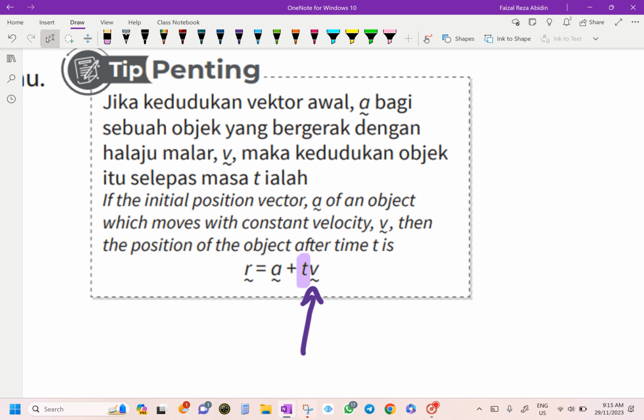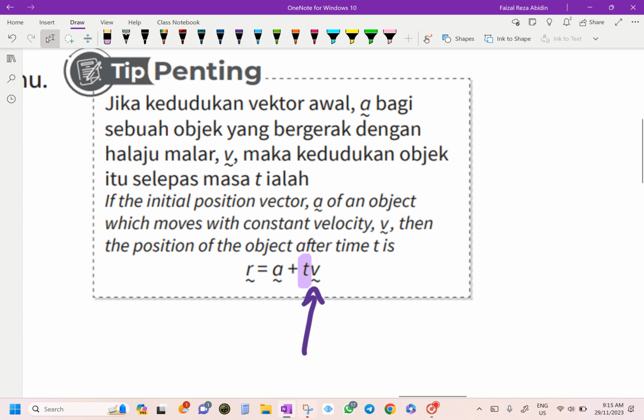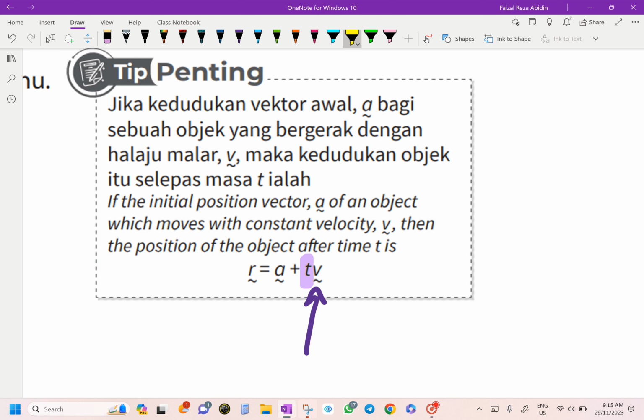Then the position. So position is going to be what? Our r. That's the position. Position is going to be our r, our vector a, and then given over here the velocity v, after time t. This one.